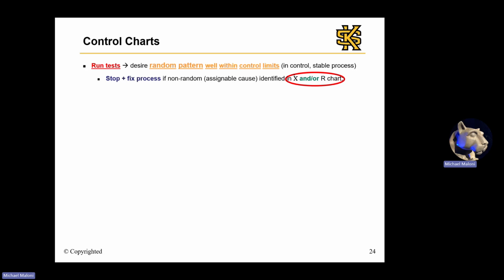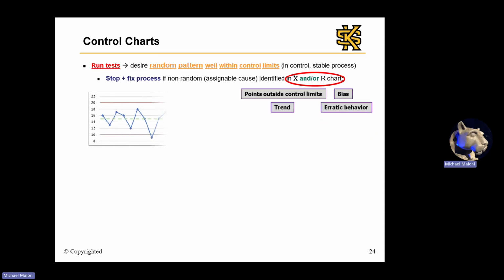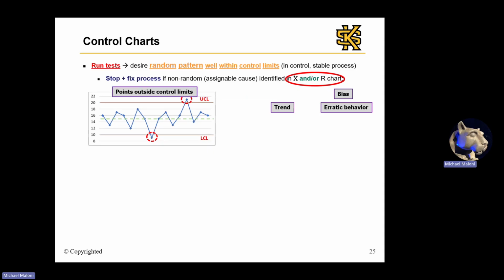And our concerns, as we just saw, are non-randomness. So for example, any points outside of control limits, either the UCL and/or the LCL, that would be problematic and we need to stop and fix the process.